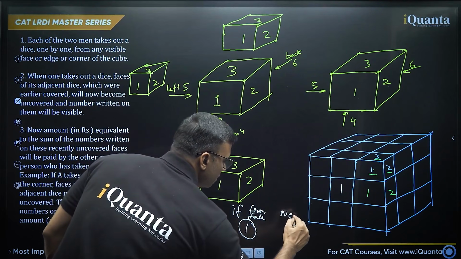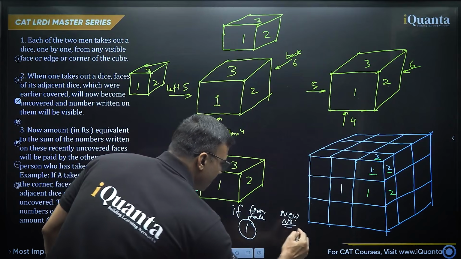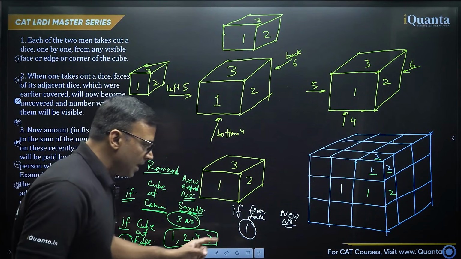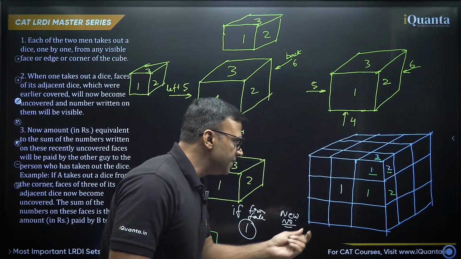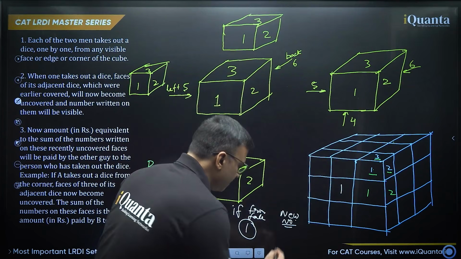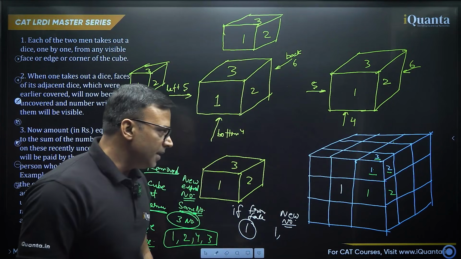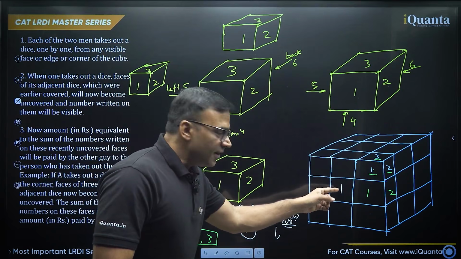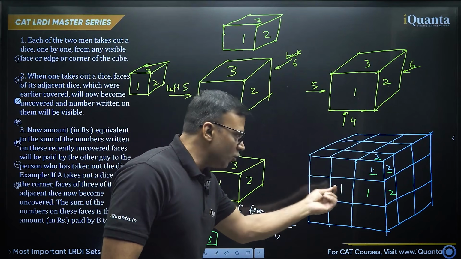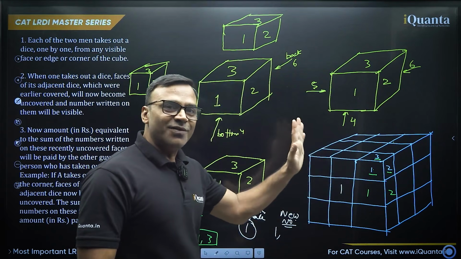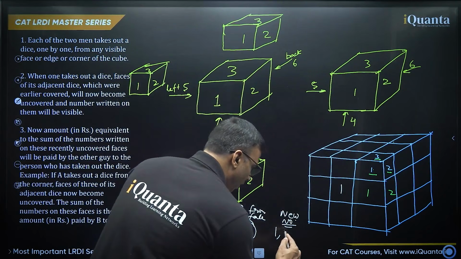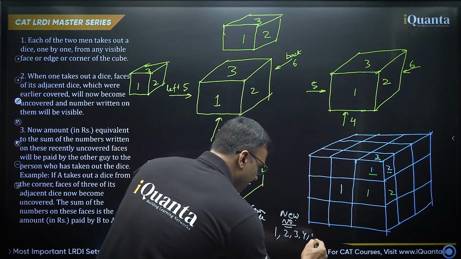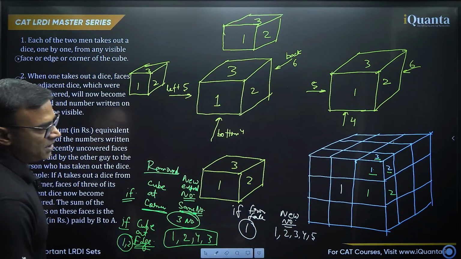So the new numbers exposed will be, just apply the same logic. Originally 1 was exposed. So when I remove this, the cube at the back of this will have 1 visible. Now at the back of 1 in the same cube, there is 6. 6 will not be visible. For 1, the pair is 6. 6 will not be visible. All the other numbers will be visible.